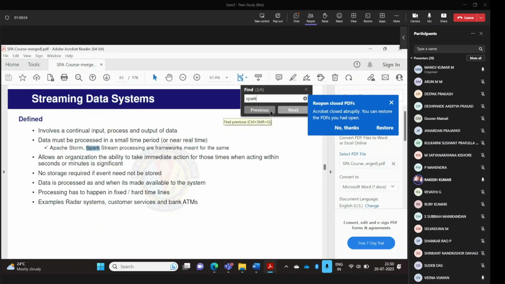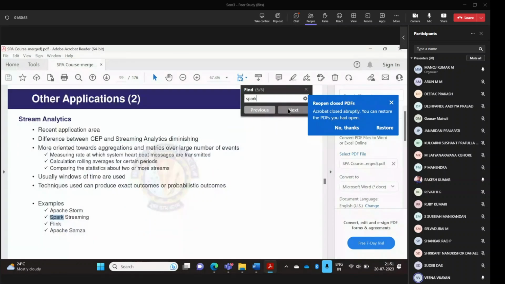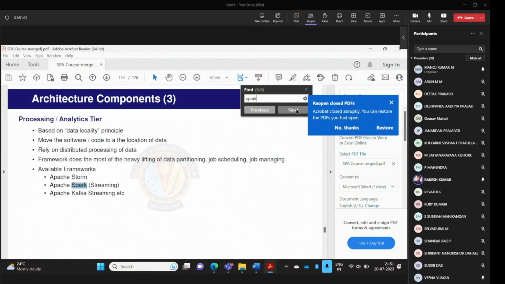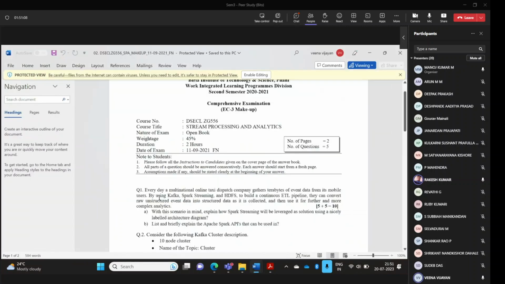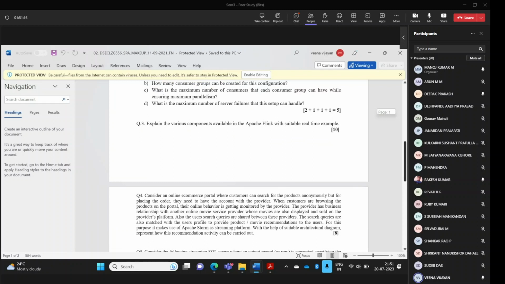But Spark hasn't been covered yet, is it? Yeah, that's what I'm thinking. I am thinking only till Apache Kafka. That's it. So Flume will be there. Flume and Apache Kafka. Flink is also not covered, right?